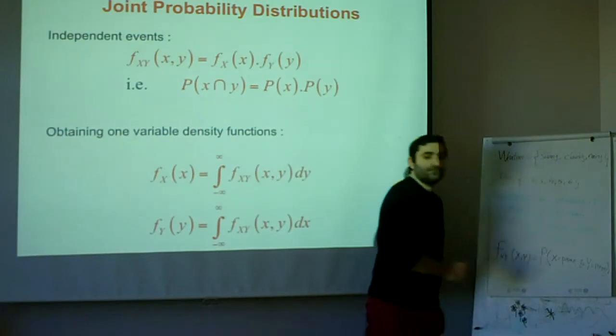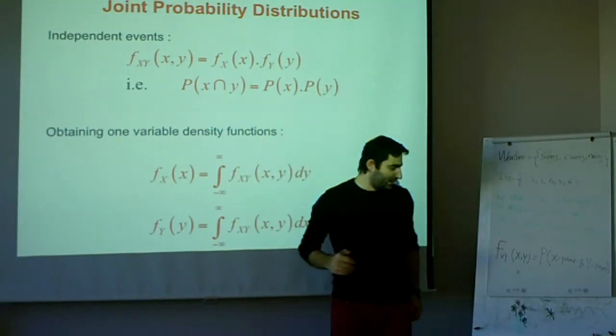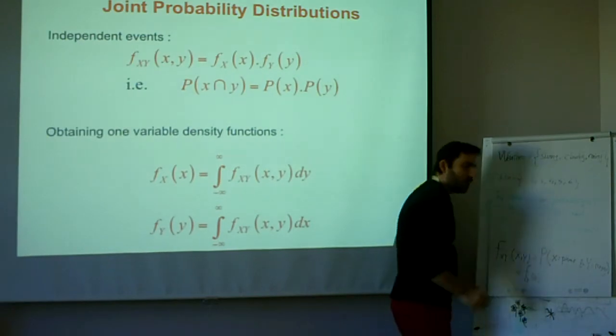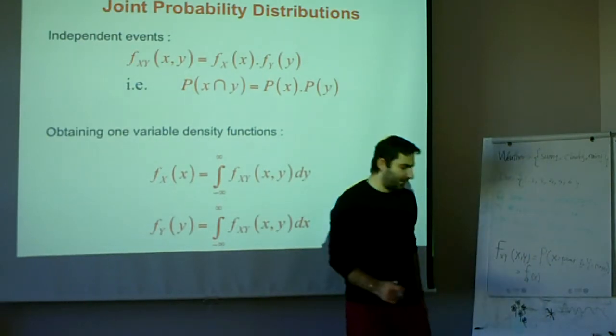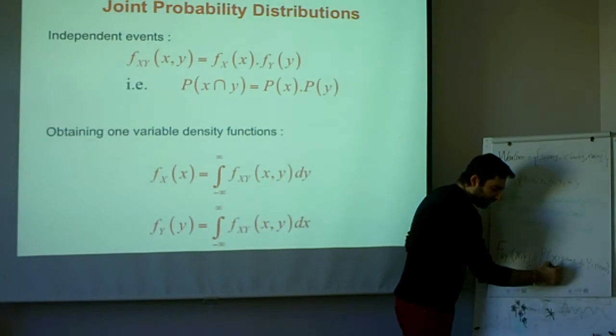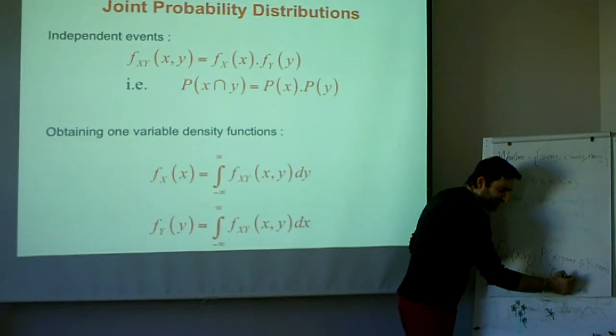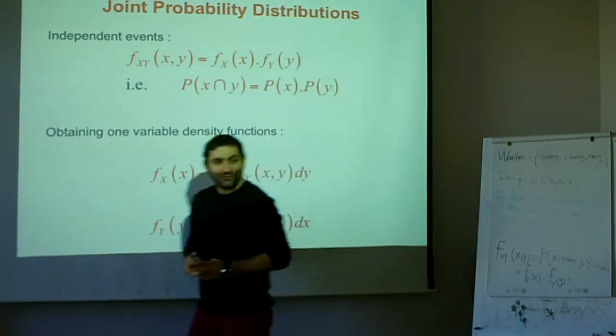Because they are independent, I only need to calculate the probability of having a prime number multiplied by the probability of the weather being rainy. What is the probability of having a prime number?